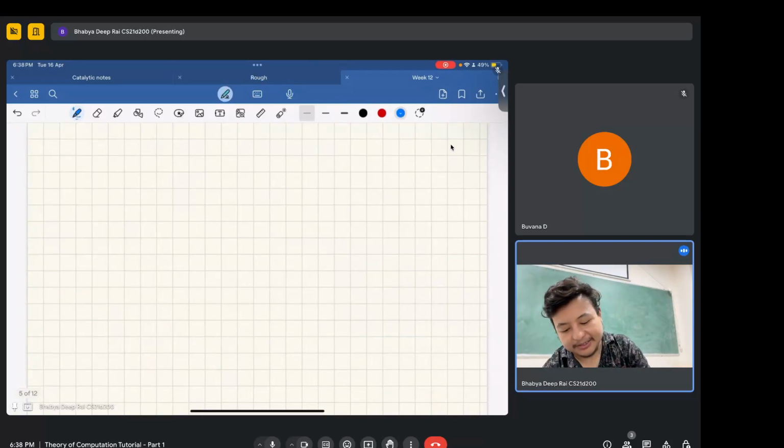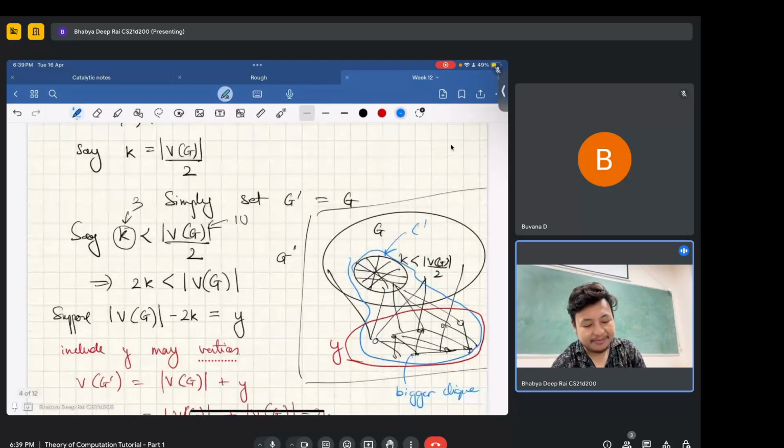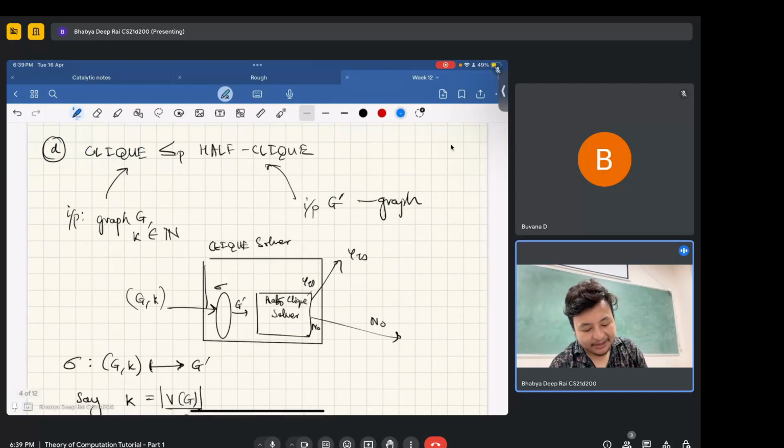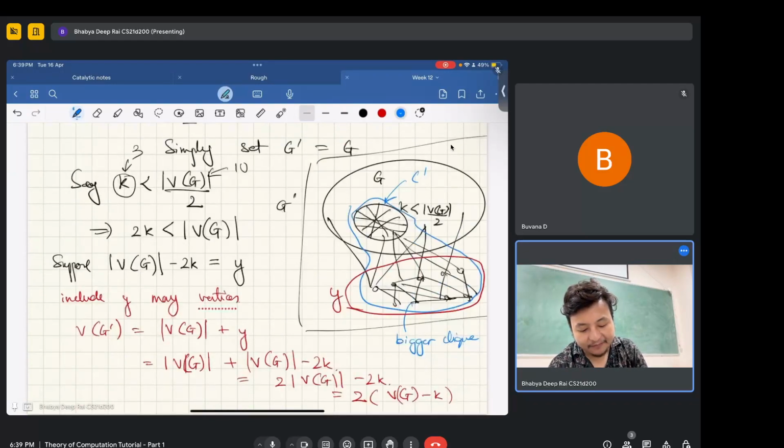So how many vertices does C prime have? Originally it was carrying K many vertices. Now it is carrying K plus Y many vertices. So now we are guaranteed a bigger click after including those vertices. K plus Y many vertices, and what is Y? V of G minus 2K.